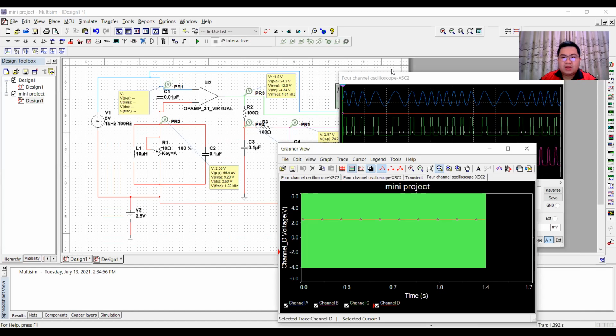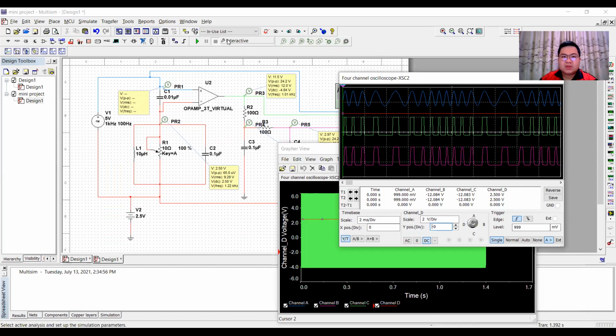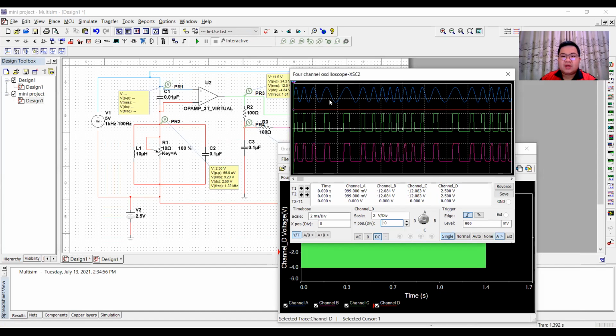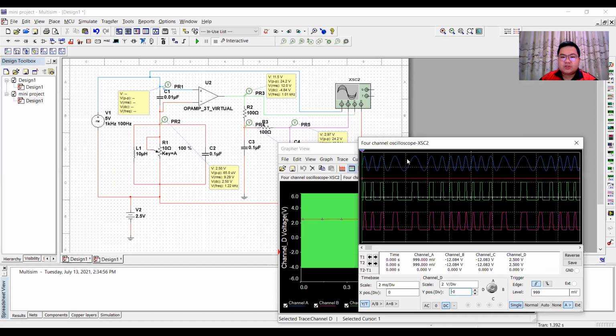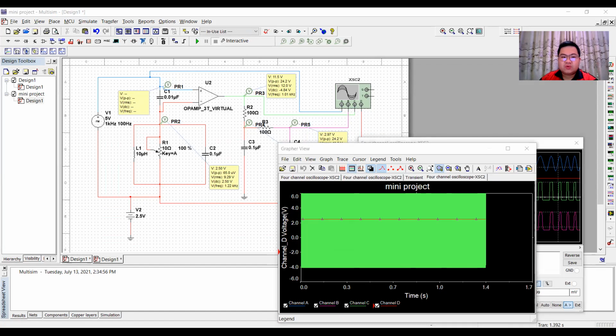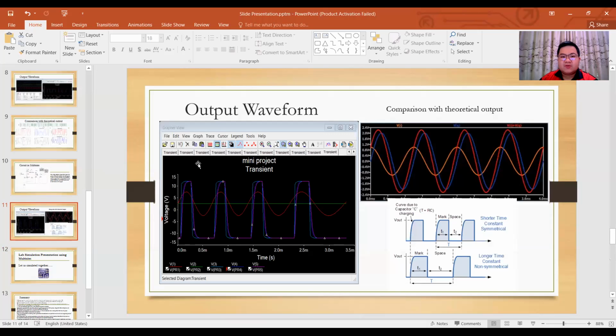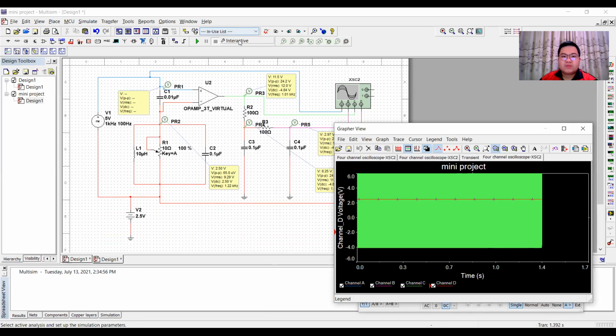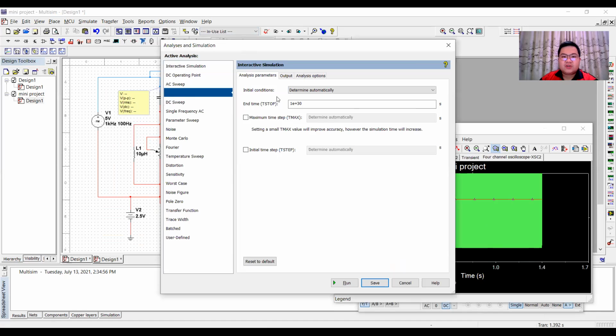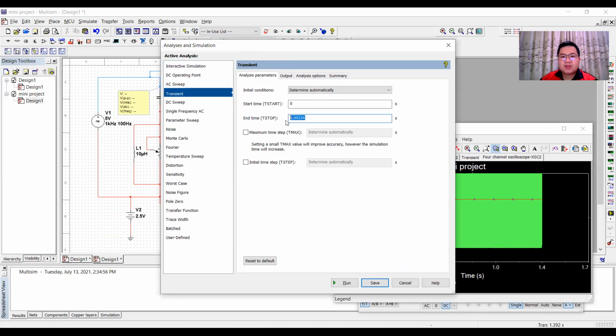Okay, then this is the interactive simulation output waveform that I get. For circuit part 2, I will make a compilation for the transient mode. For transient mode, press here, change from interactive to transient, then set the time limit.